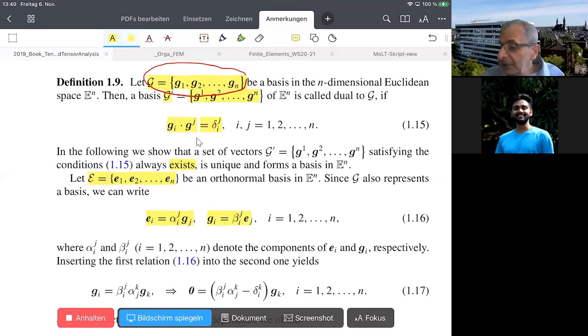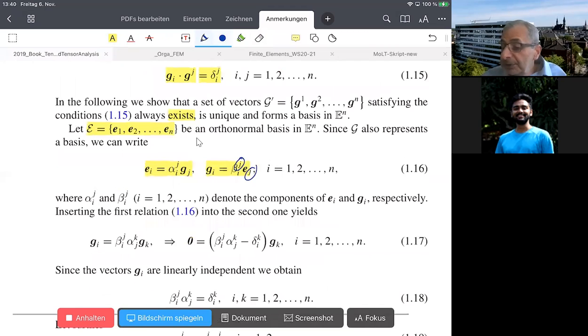Again, this is a summation index j, and i means the number of this vector G. So you see these components are rather interesting.